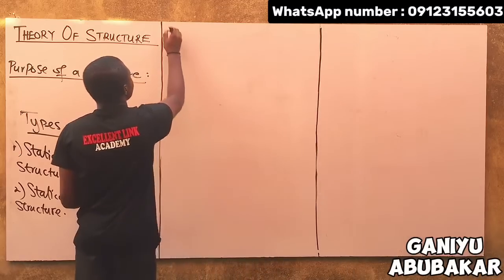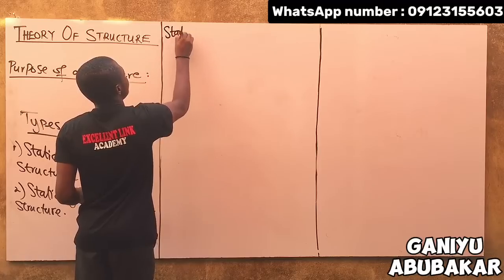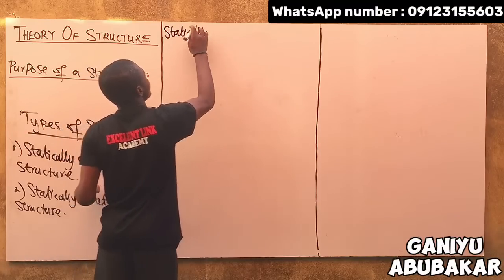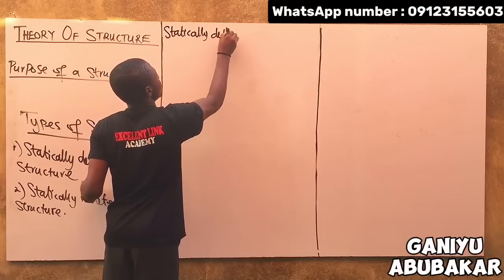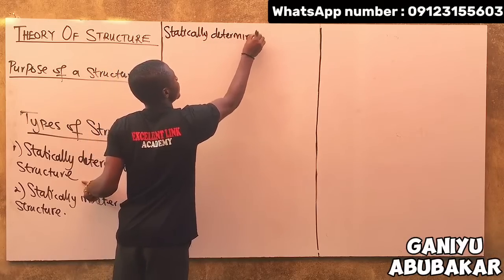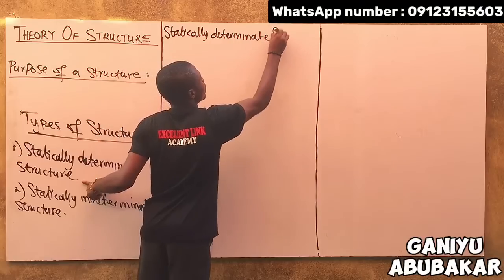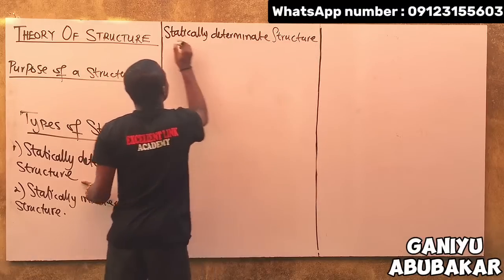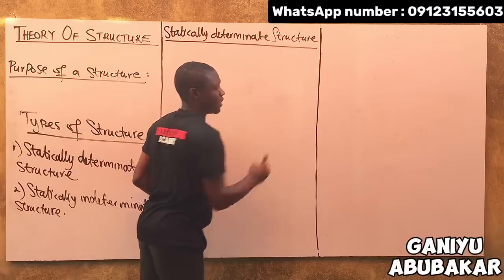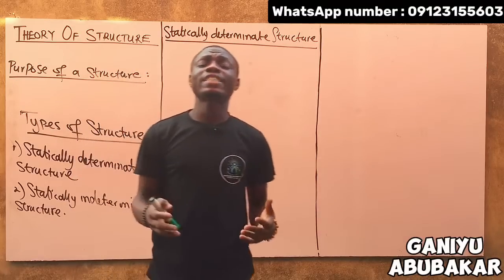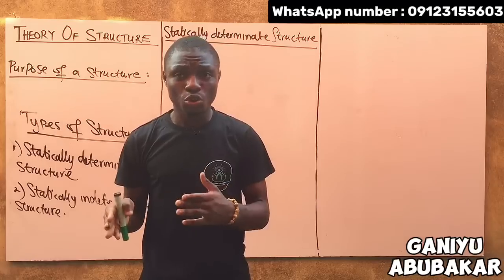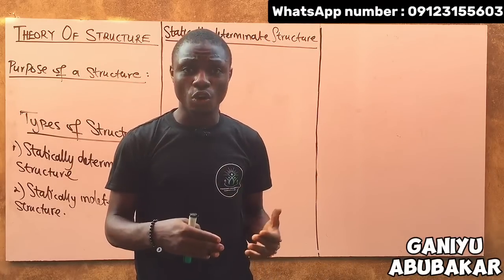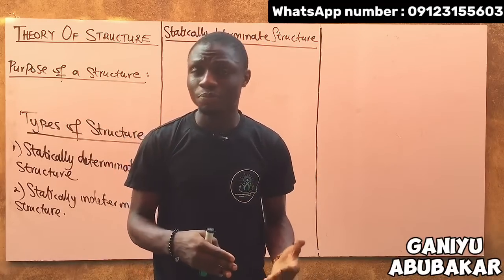For the first one, let's discuss statically determinate structure. What are statically determinate structures? Statically determinate structures are those structures whose reactions can be determined using the equations of static equilibrium, right?